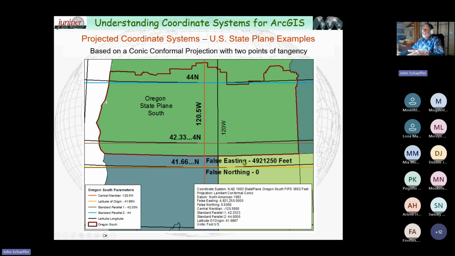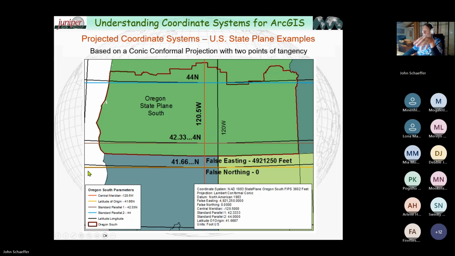So false easting and false northing is basically designed to put the real 0, 0 somewhere, in the northern hemisphere at least, lower left, slightly below your area of interest, or sometimes greatly below your area of interest.